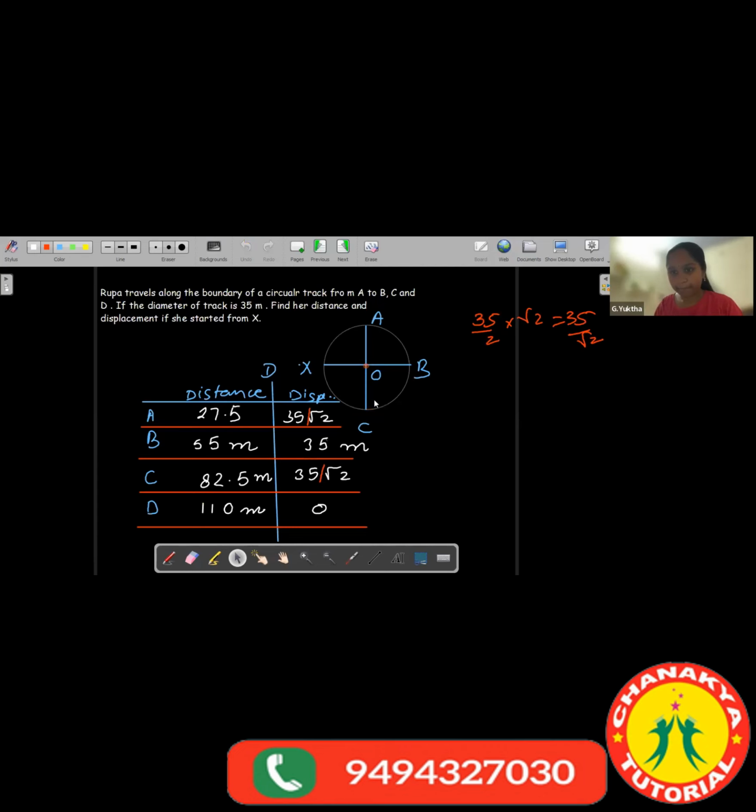See, suppose I start from here at x, the point where I start. I go like this and reach this point A. When I reach point A, what would be the distance and displacement? The distance would be the length of the arc AX, which is the fourth part of the circumference.